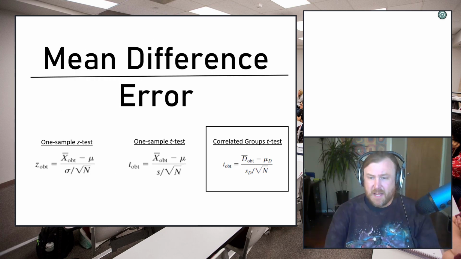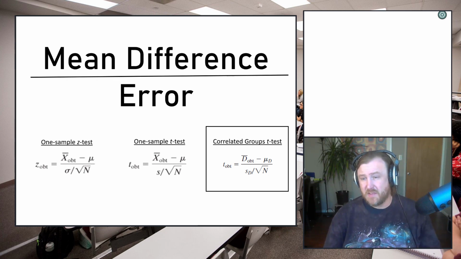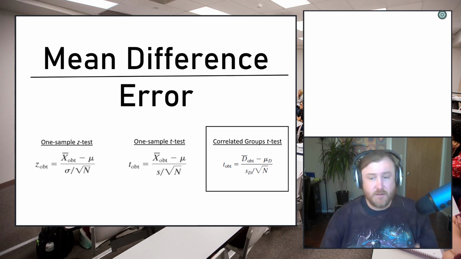So going back, here's our correlated groups t-test equation, right? Where we're just comparing the difference between time 1 and time 2 over the same metric of error. The only distinction is that this is the standard deviation of the difference scores.